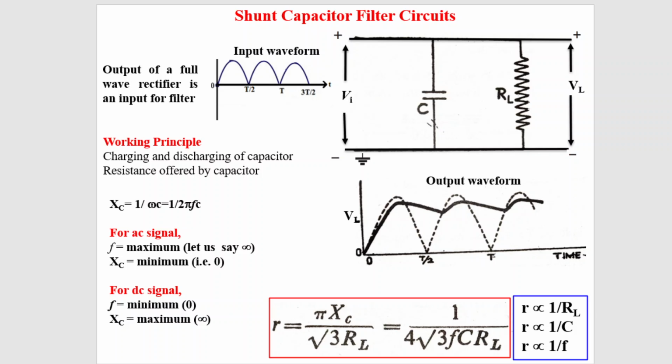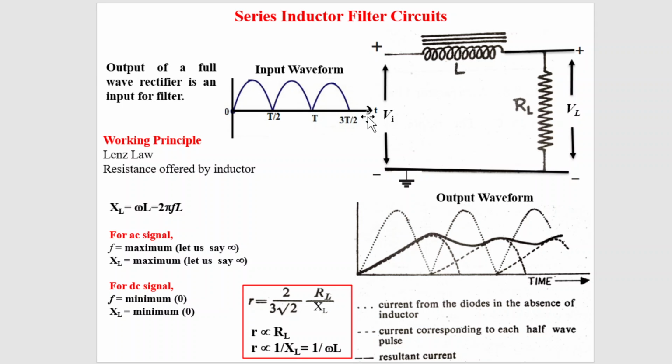Now let us try to understand the series inductor filter circuit. If your full wave rectifier output has a current that is changing with respect to time, so this is maximum current, minimum current, maximum current, minimum current, but this current is unidirectional.